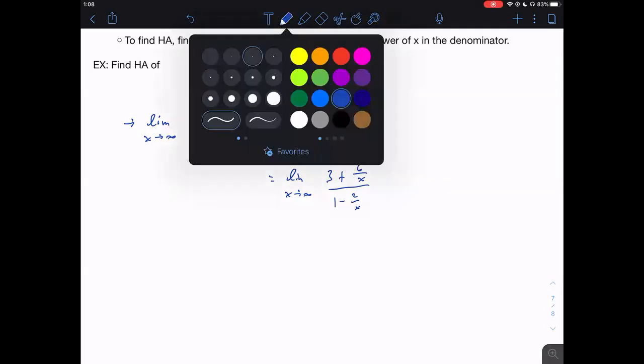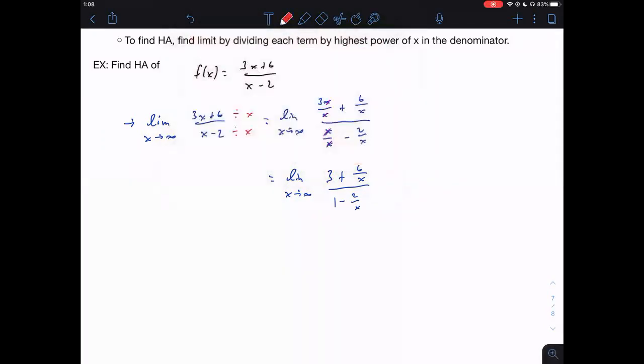The limit as x approaches some number c of k, where k is a constant, is just equal to that constant. So in this case, the limit of 3 as x goes to infinity is just 3, which also means the limit of 1 as x goes to infinity is also just 1.